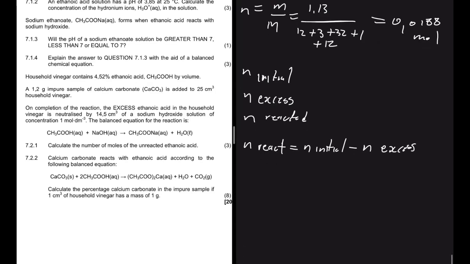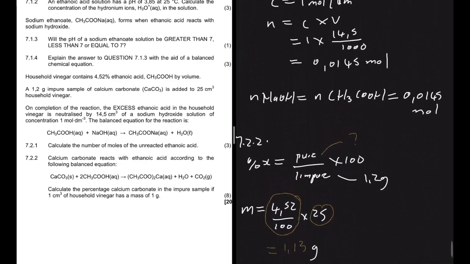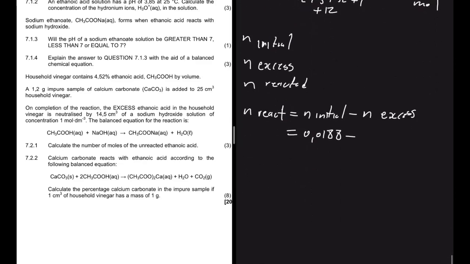So the number of moles that reacted will be equal to the number of moles initial, which is 0.0188, minus the number of moles in excess, which we calculated in 7.2.1, that is 0.0145, and then let me put that in my calculator real quick. That is 0.043.